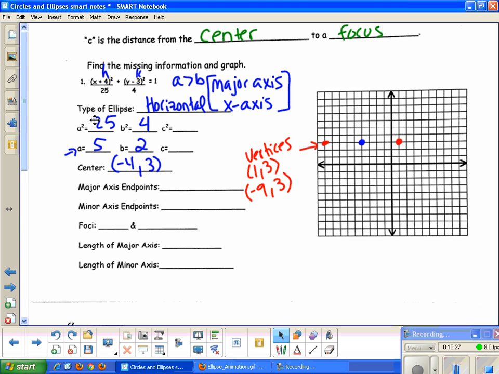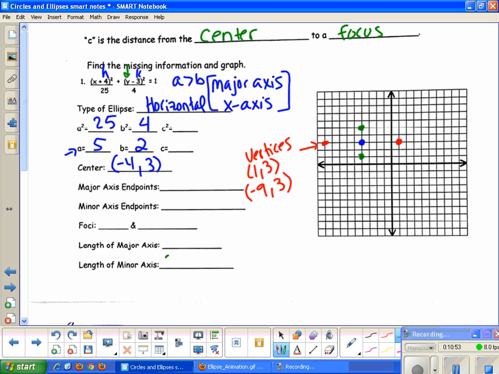And now I need to do the b value, so I'm going to go the distance because it's over y up 2, because that's our b value, and down 2. So that's going to be the length of the minor axis. So 2 and 2 is 4, so the length of the minor axis is 4. And how do you get that?